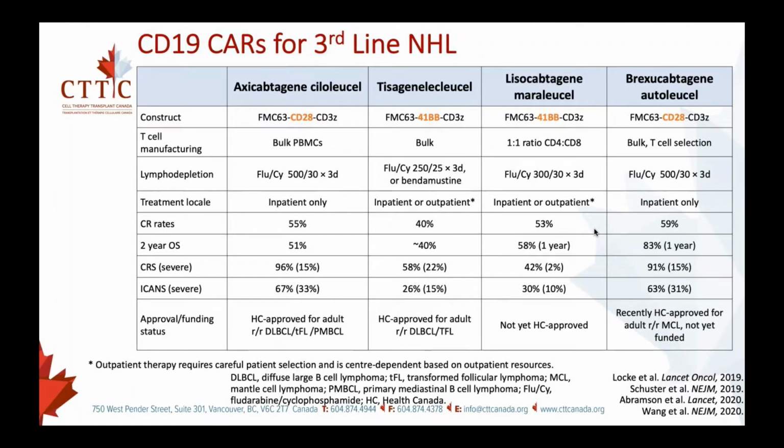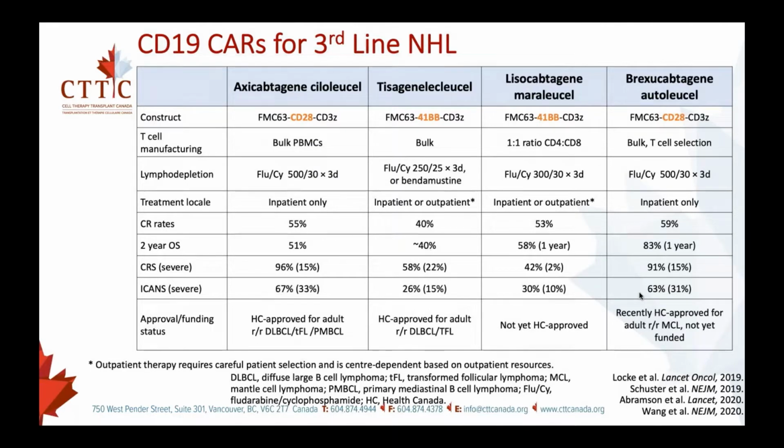These are the major products that are on the market currently: axicabtagene ciloleucel, tisagenlecleucel, lisocabtagene maraleucel, and brexucabtagene autoleucel. So Axi-cel is approved in Health Canada for diffuse large B-cell lymphoma, primary mediastinal B-cell lymphoma, or transformed from follicular.